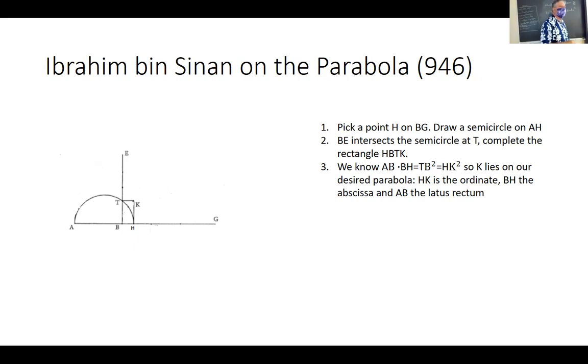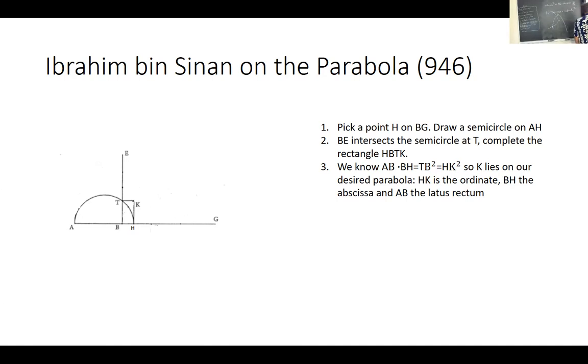Now remember from the homework problem, we know that AB times BH equals TB squared. That's from finding square roots, and it follows directly from applying the Pythagorean theorem to a whole bunch of little right-angled triangles in there.